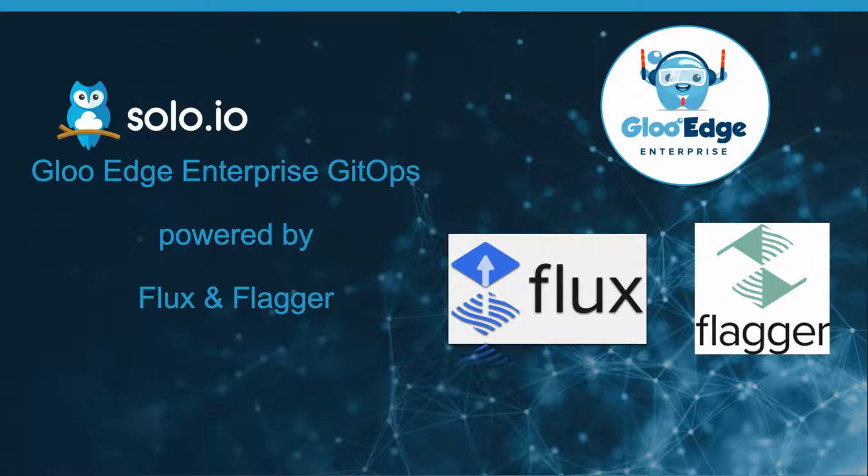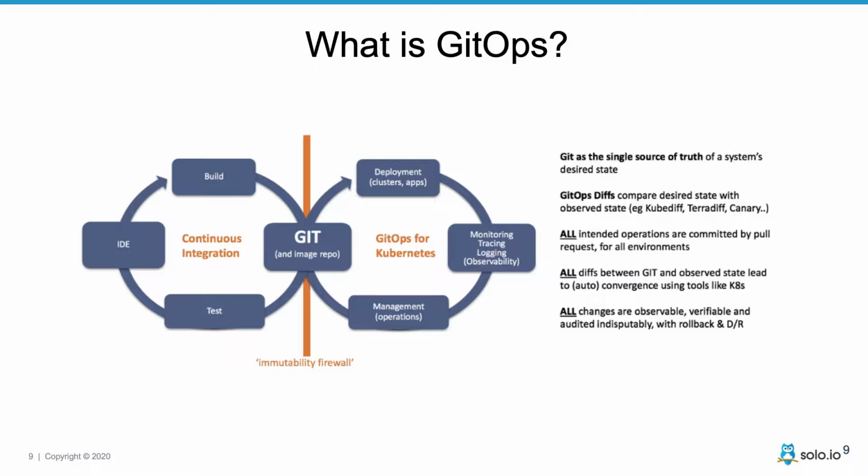So really, the reason we are here is to look at Gloo Edge Enterprise, provisioning and configuring it via GitOps. And for GitOps today, we'll use Flux and Flagger. Both of those are open source projects and are owned by Weaveworks.